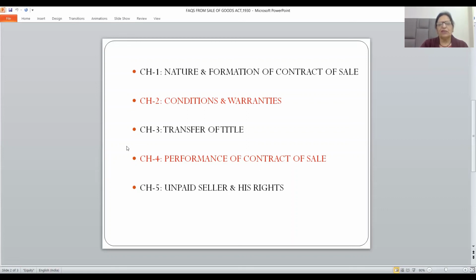All points: right of lien as per section 47 to 49, right of stoppage of goods in transit 50 to 51, and right of resale as per section 54. All these you will have to write along with the examples or case laws, which will create a very good impression upon the evaluator.